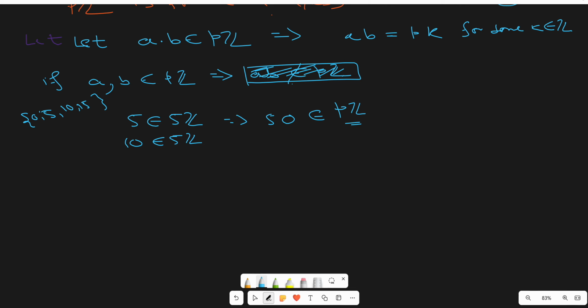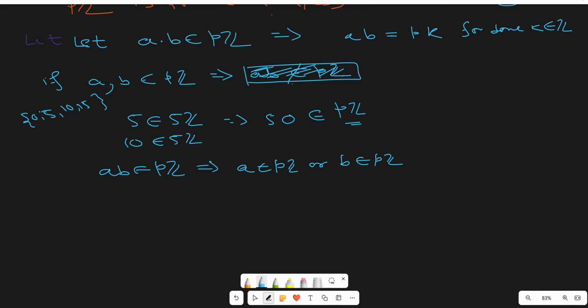So suppose ab inside pZ, this implies that a inside pZ or b inside pZ. See, ab inside pZ means it will be some multiple of p, right?